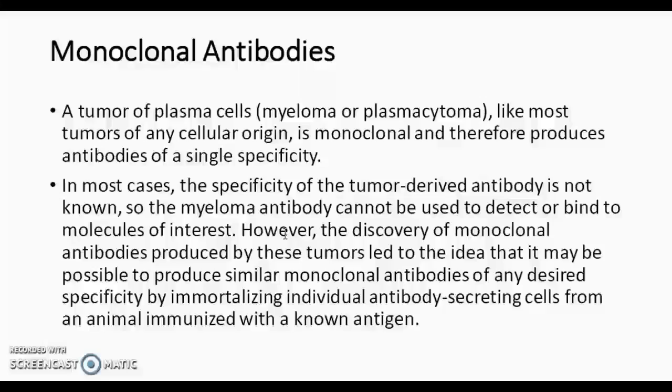However, the discovery of monoclonal antibodies produced by these tumors led to the idea that it may be possible to produce similar monoclonal antibodies of any desired specificity by immortalizing individual antibody-secreting cells from an animal immunized with a known antigen.